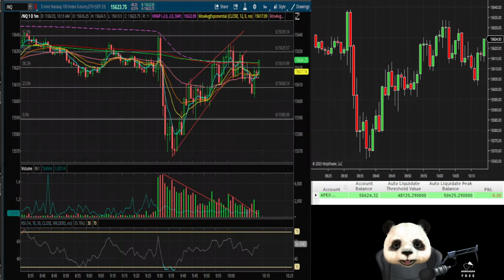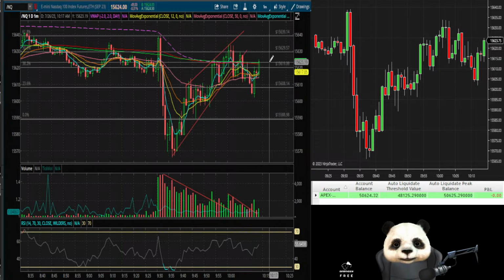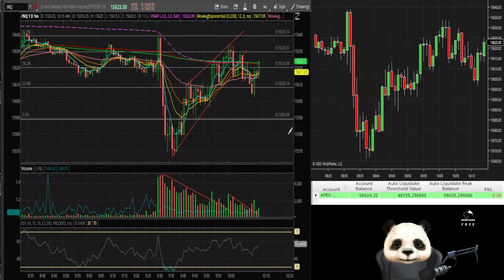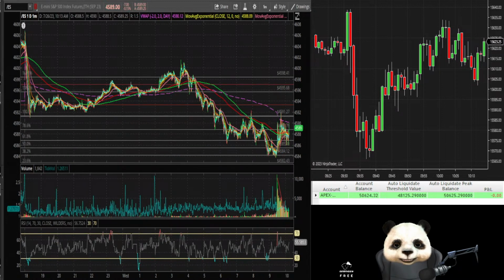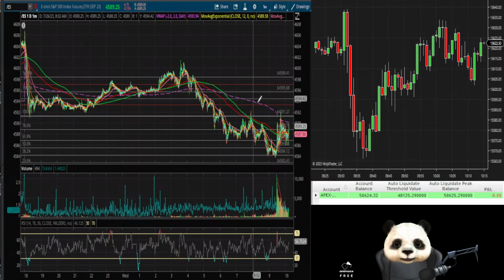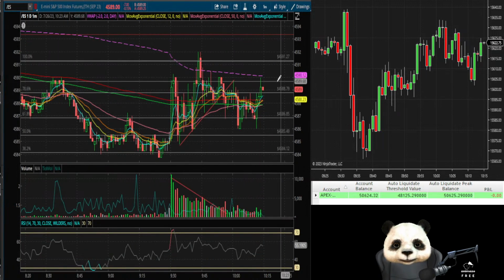All right, we got ES pushing on this 4590 area again. And it looks like we're hitting above the 200 SMA and VWAP on NASDAQ. If I were to be a little bit riskier, I might make some more coffee here.